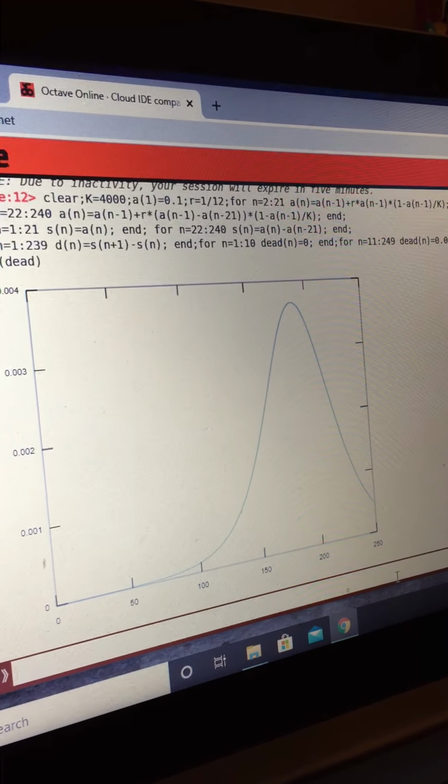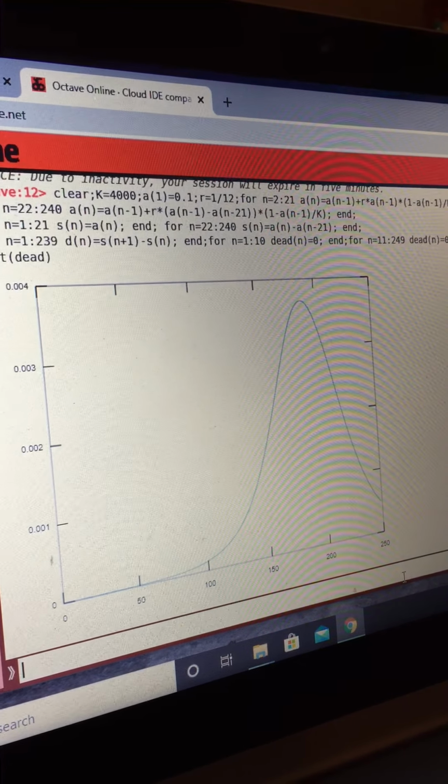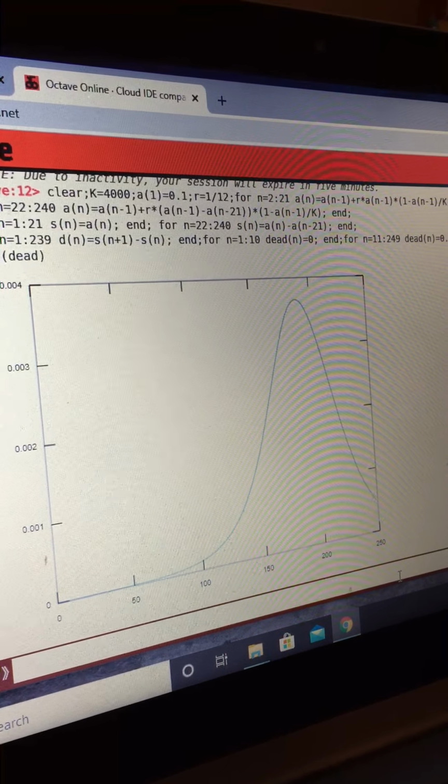Based on this, again, an R value of 1 in 12, which is pretty severe restriction in movement in Canadian society.